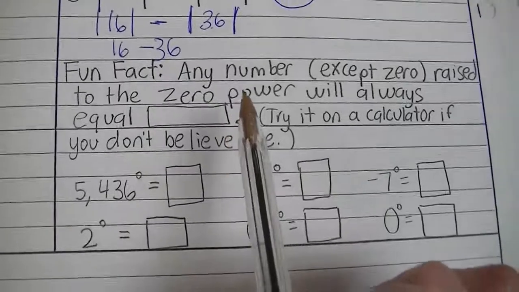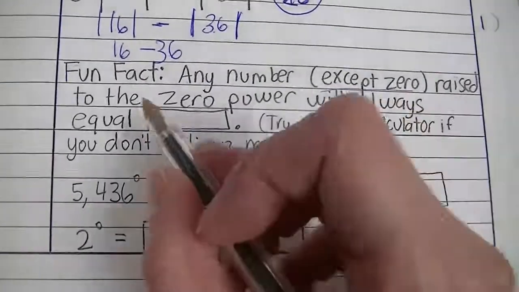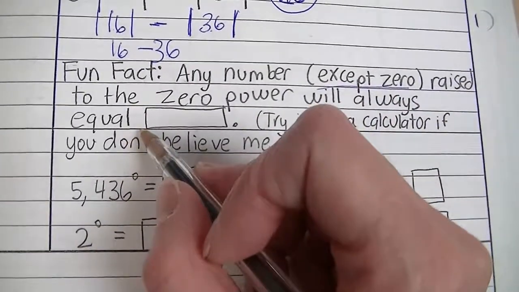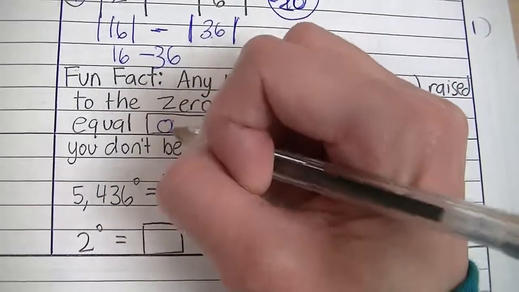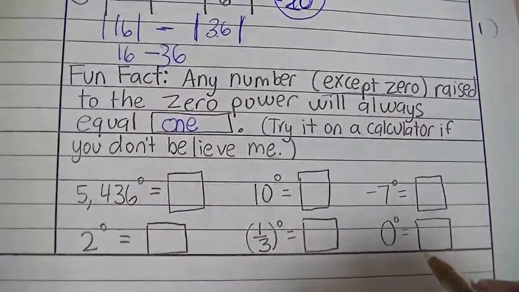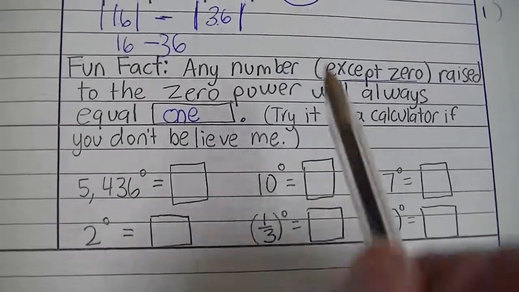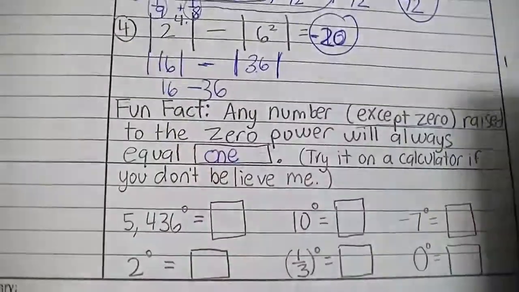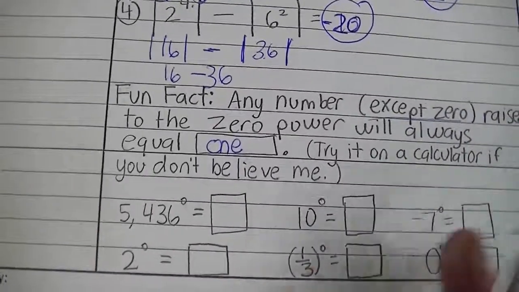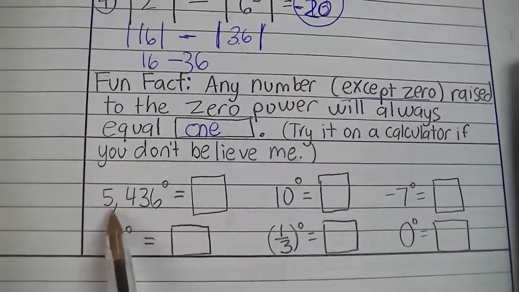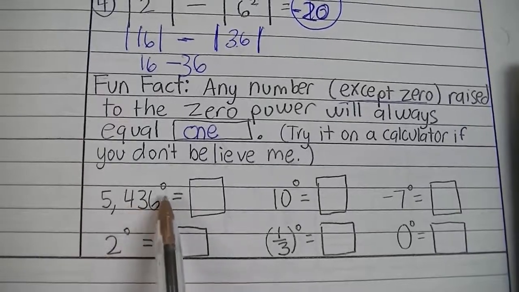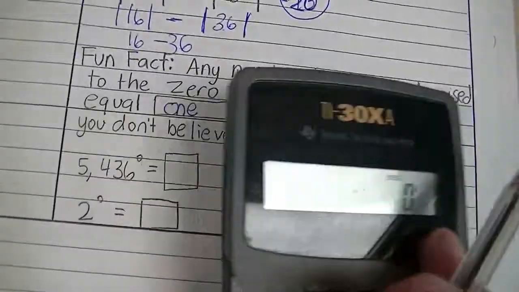Okay, fun fact. Any number except 0 raised to the 0 power will always equal 1. And I'm going to prove it to you on a calculator, but if you're curious why this is true, they're definitely going to be explaining it in 8th grade. That's part of one of the 8th grade standards, okay? So 5,436 raised to the 0 power.